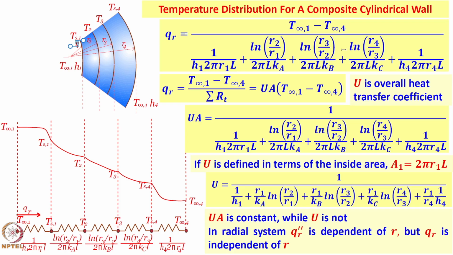What do I need to care about? h1 A1, where A1 is 2 pi r1 L. A4 is 2 pi r4 L into h4, and then 3 conduction resistances here: log of r2 by r1 divided by 2 pi L ka, log of r3 by r2 divided by 2 pi L kb, log of r4 by r3 divided by 2 pi L kc.